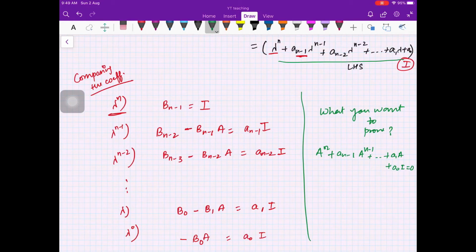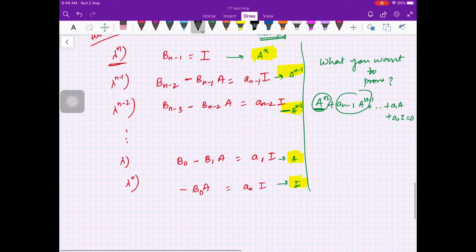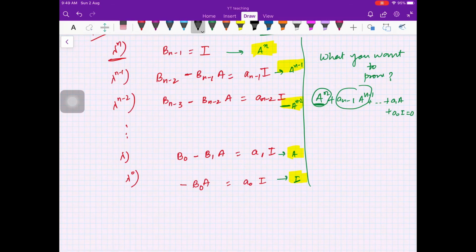If you multiply the first equation with A raised to power n, second equation with A raised to power n minus 1, the third term you multiply with A raised to power n minus 2, this term you multiply with A, this you multiply with identity. So if you multiply these equations by these terms and add, let us see what we get.